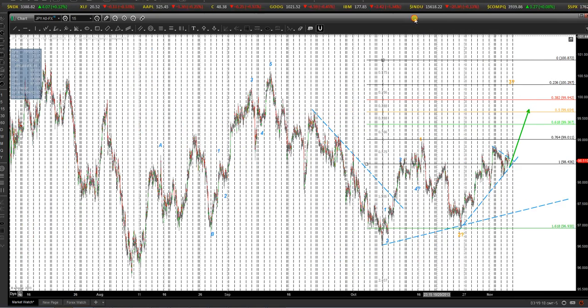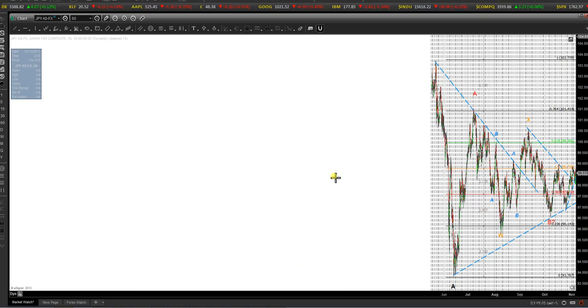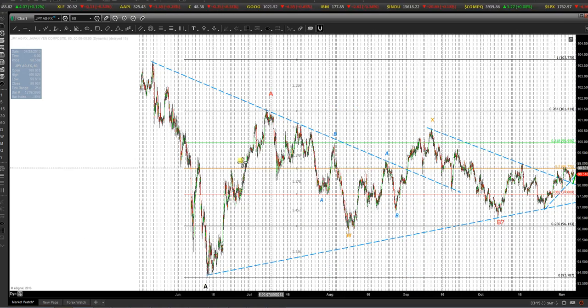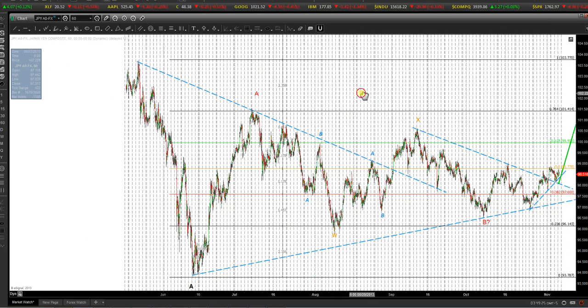And also, if we just jump on the hourly charts, we see that we have been stuck in a corrective phase.